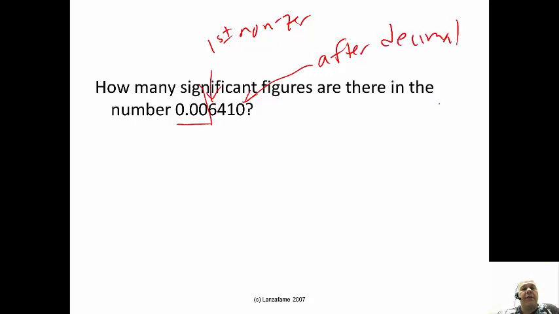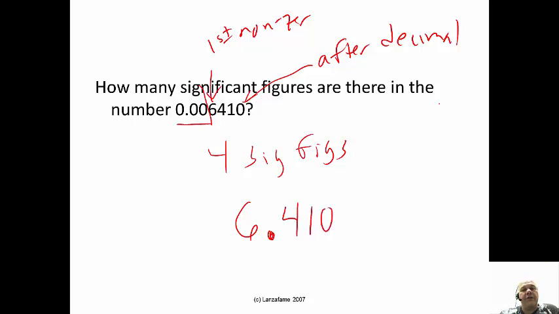So everything from the 6 to the trailing 0 are significant, so there's 4 significant figures here. And again, if I wanted to write it in scientific notation, I start with the 6, followed immediately by the decimal point and all other significant digits, and then I include the decimal position as a power of 10, and since I went to the right 1, 2, 3 places, it's 10 to the minus 3.